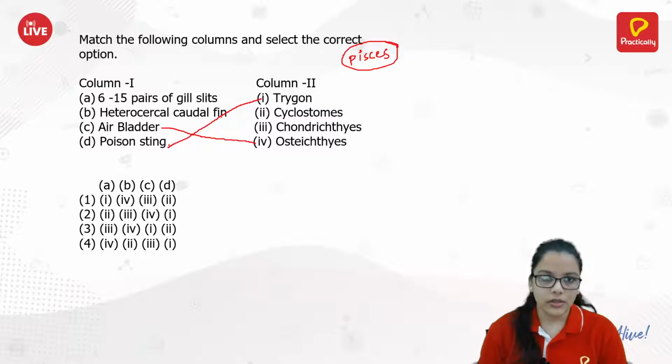Heterocercal caudal fin is present in Chondrichthyes. 6 to 15 pairs of gill slits, cyclostomes. So let's see. D1, D1, D1. We have 2 and 4. What else is there? C4, C4, C4. Okay, option 2, because D1, C4, B3 and A2. So the answer is option 2.